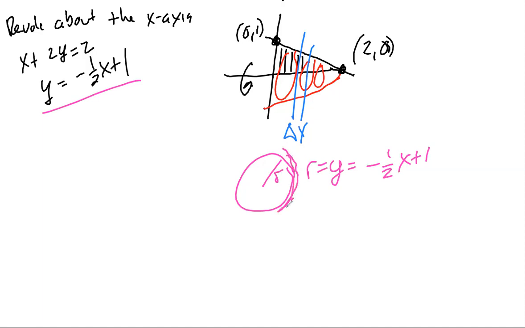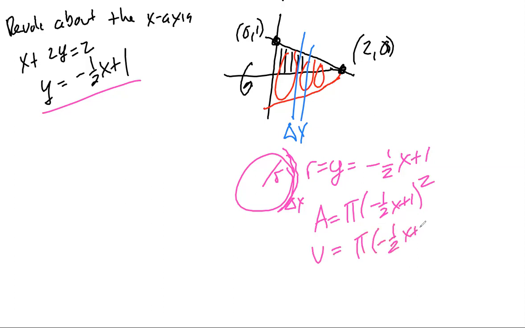That thickness right there is a little delta x. It came from that thickness right there. So we want to know what the area of that disk is. Well, the area is going to be pi times r squared. So pi times negative 1/2 x plus 1 squared, that's our area. Our volume is going to be pi times negative 1/2 x plus 1 squared delta x.